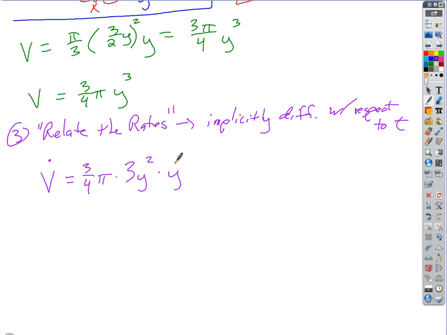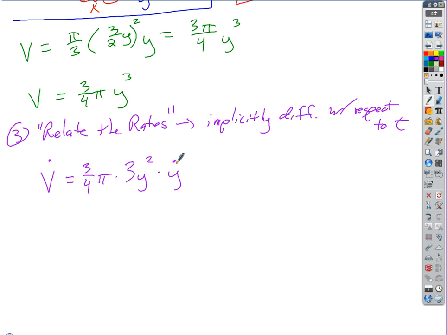Why y dot? Because I've got to use the chain rule here, because I actually have two layers, don't I? I've got the derivative of something cubed, but then I've got the derivative of what's behind with respect to t, which is not 1. dy/dt is not 1, that's y dot. If I were differentiating with respect to y, I wouldn't have had to include anything beyond the 3y squared.